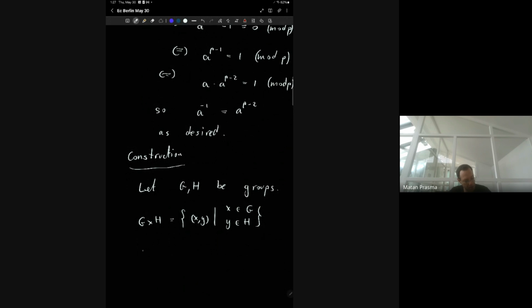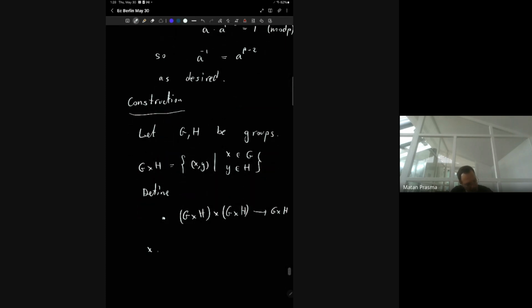We define star, a binary operation from G times H to itself. It takes as input two pairs in G times H. So I take, let's say, (x, y), and I want to multiply it by (x prime, y prime).